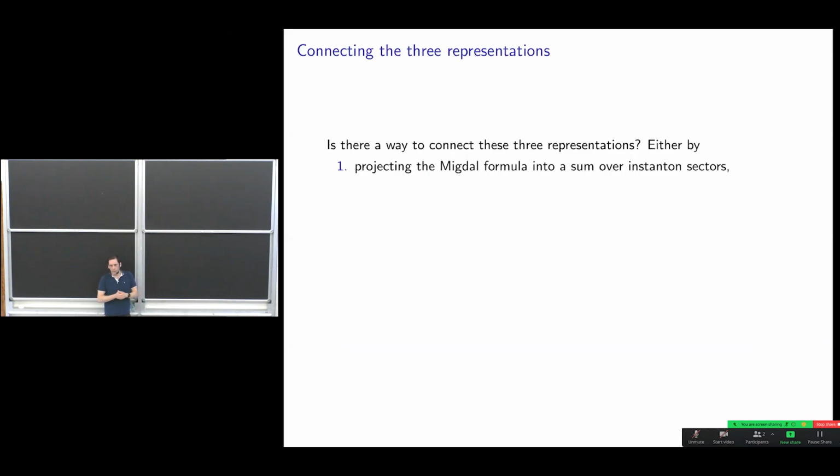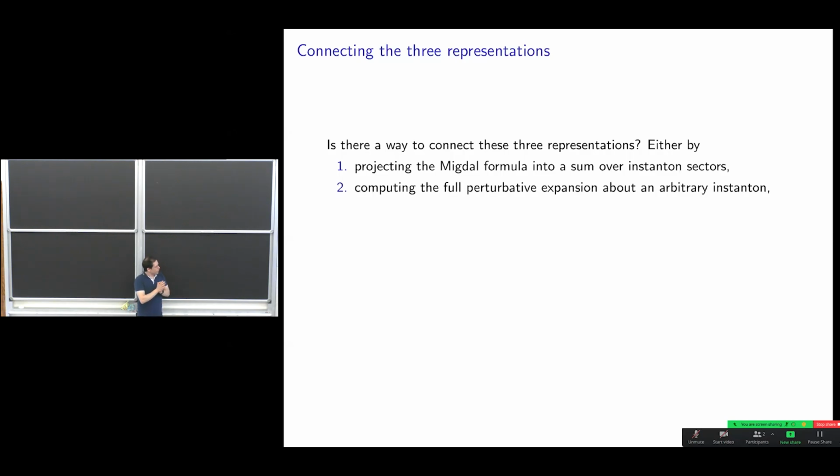And we have 3 ways that one could see. One is simply to start from the Migdal version of the partition function, and say, okay, maybe we can take that and project it in a basis in which we can isolate the contribution of each instanton sector. The second strategy would be to compute the full perturbative expansion about an arbitrary instanton, but this would involve computing an infinite number of Feynman diagrams on an arbitrary surface, so that probably seems like the more masochistic approach.